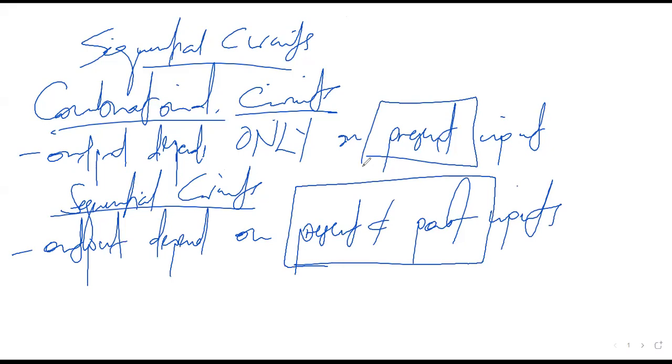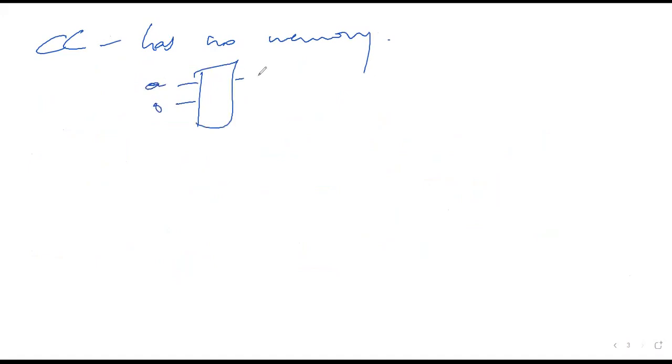Right. In combinational circuits, as soon as the inputs are changed, information about the previous input is lost. The circuit has no memory. A combinational circuit, CC, has no memory. I gave an example of an adder. So two inputs, A and B, two outputs, S and C. Let's say we begin with 0, 1 input, we know the output will be 1, 0.